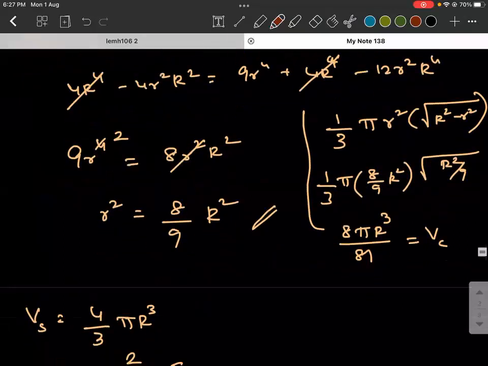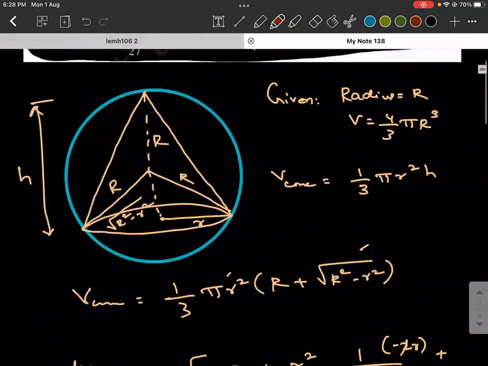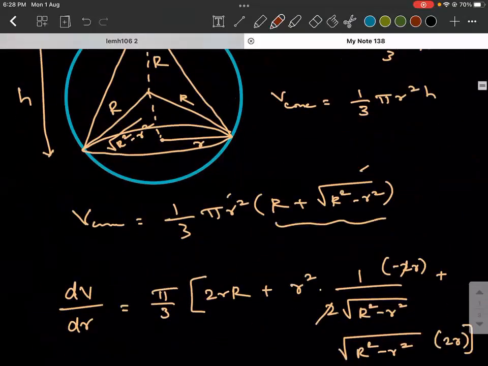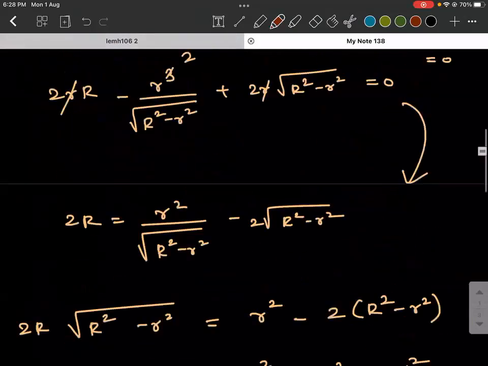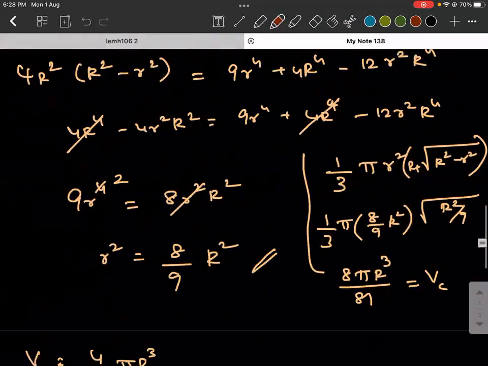Okay, I got the mistake. So here it is not R² minus r²; it is R plus r, whole square, minus r². So R plus R by 3 is 4R by 3.